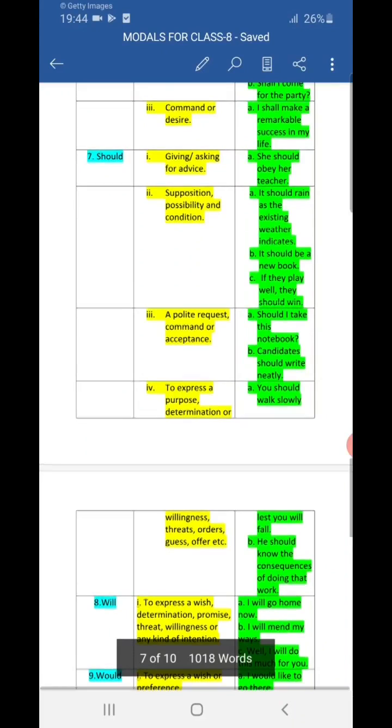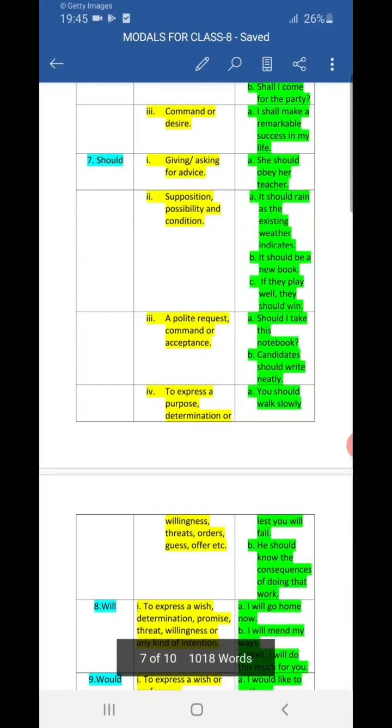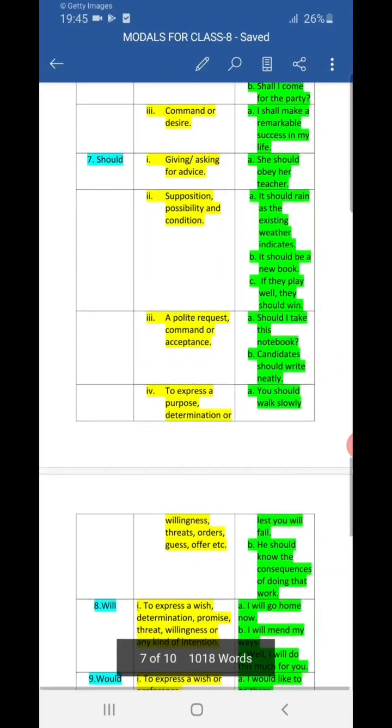Next, number B. Candidates should write neatly. So it's a kind of command that candidates should do what? Should write neatly.